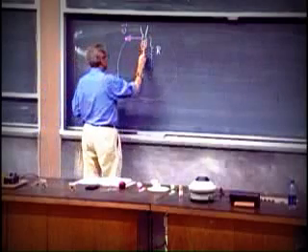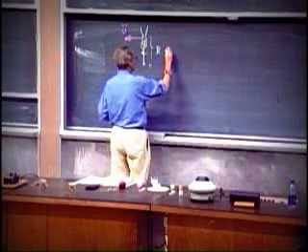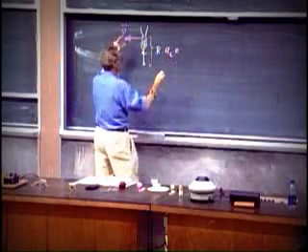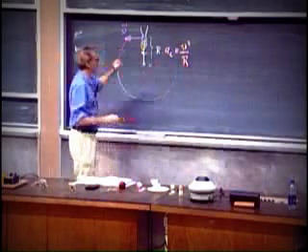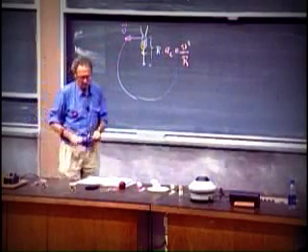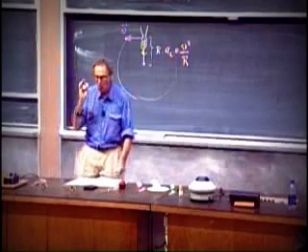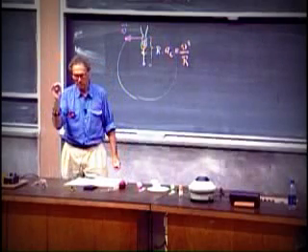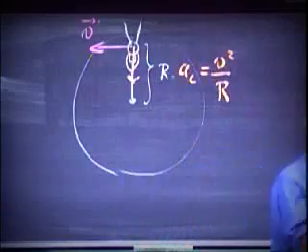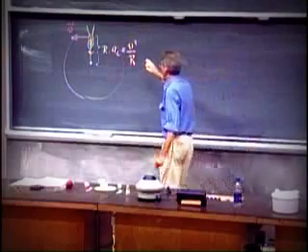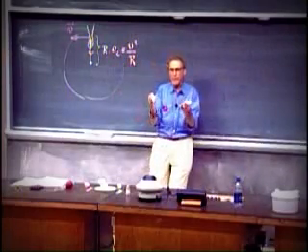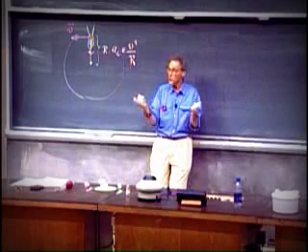So you need a centripetal acceleration, a_c, which is v squared divided by r, if you like that. This is the magnitude of that v. Now follow me very closely. Just imagine that this number happens to be exactly 9.8. I can always do that.